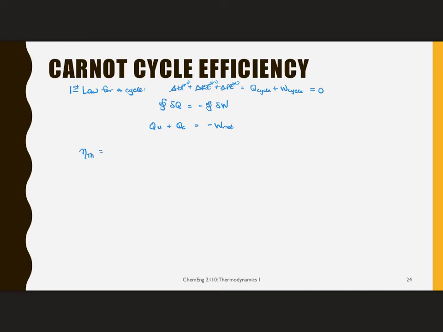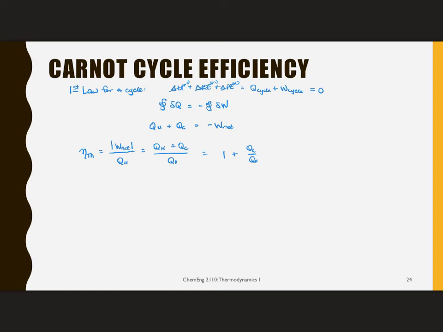Thermal efficiency, again, is the net work divided by Q sub H. That's our heat transfer into the system. W net is QH plus QC divided by QH. And I could rewrite that, right? I can divide QH into each of those, say 1 plus QC over QH.